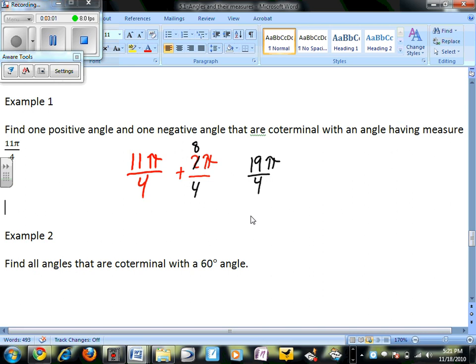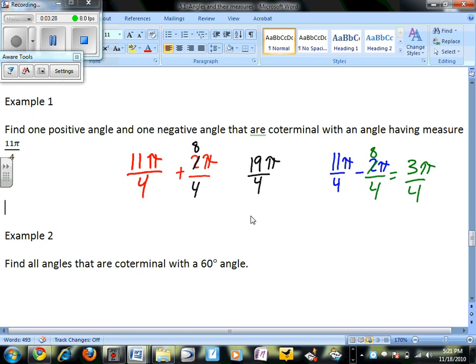All right. If we wanted to find a negative one, well, we could go around in a circle the other way. We could subtract 2 pi. So if I start with 11 pi over 4 and subtract 2 pi, because that would be going around in a circle in a clockwise manner. If I subtract 2 pi, we'll get a common denominator of 4, and this would be 8. We'd get 3 pi over 4 when we subtract. Well, that's not a negative one just yet.